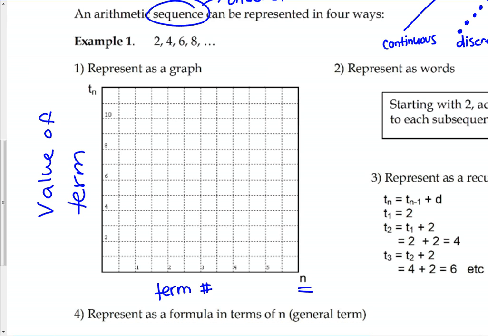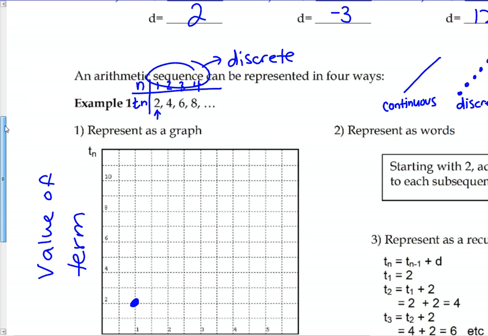So when I want to plot that guy, 2, what term number is he? 1. So term number 1 value is 2. Because if this is n, 1, 2, 3, 4, and this is t of n. Let's move this circle here, get him out of the way.